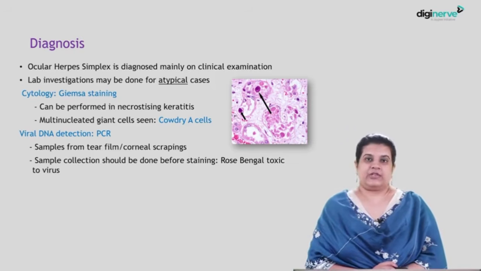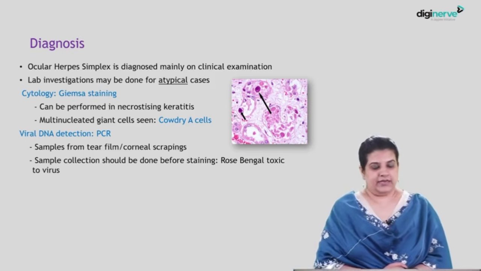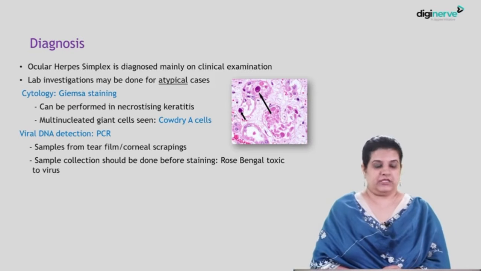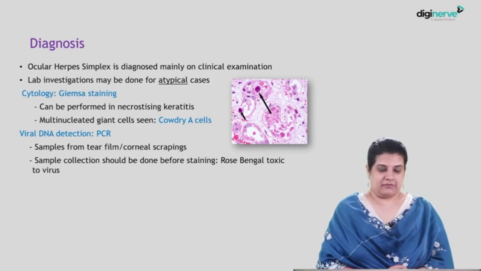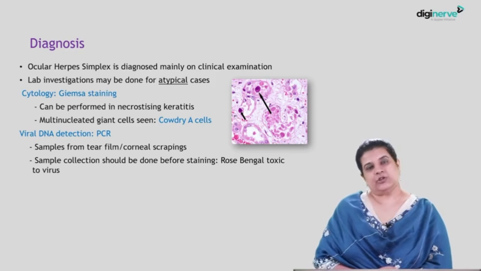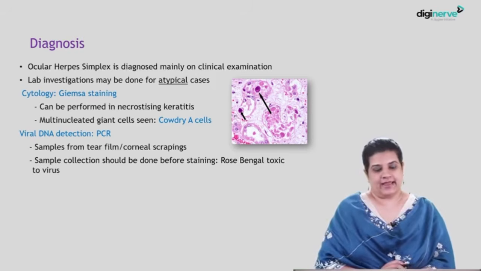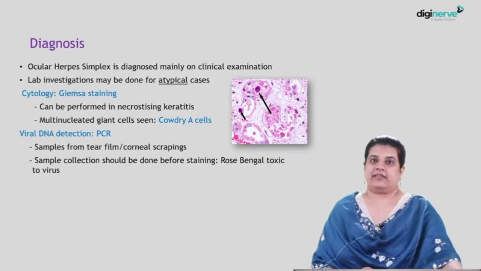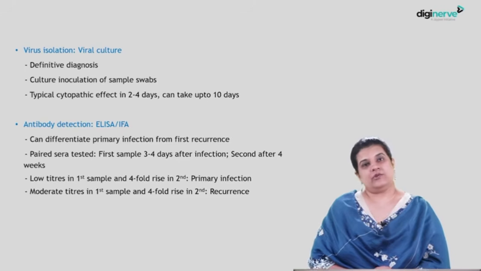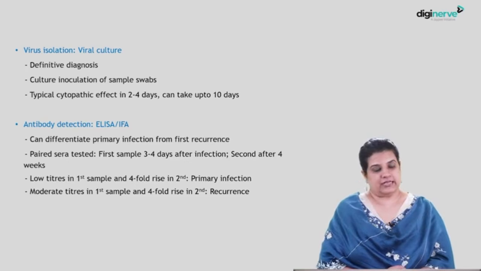Viral DNA detection can be done using PCR technique, and here the sample from the tear film or corneal scrapings can be taken. The sample collection must always be done before staining because rose Bengal dye can be toxic to the virus, and the detection of the virus will be difficult if the sample is taken after the rose Bengal staining.